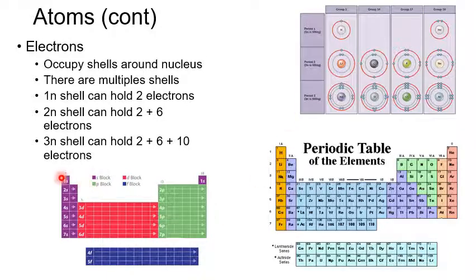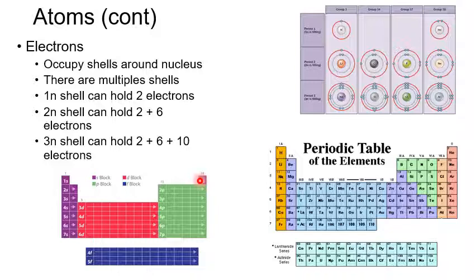There are S shells, and you can see the purple here, 1s. An S shell holds 2 electrons, and then it is filled. Atoms like to have their shells filled. That makes them stable.